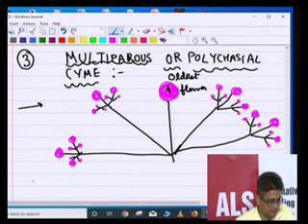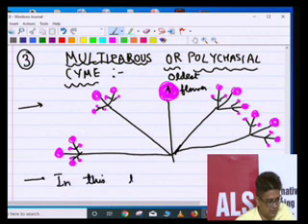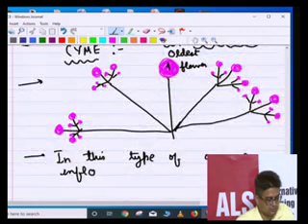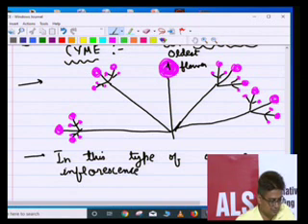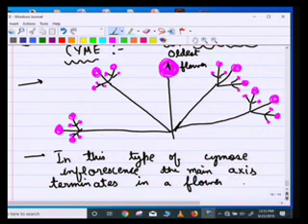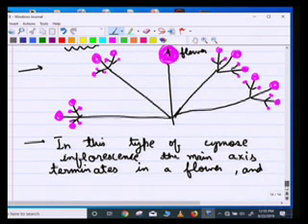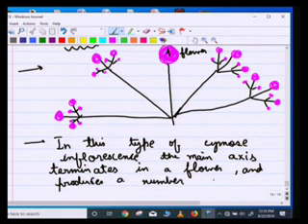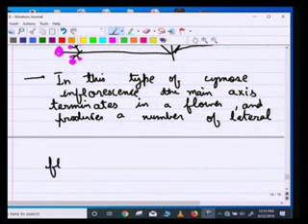In this type of cymose inflorescence, the main axis terminates in a flower, and produces a number of lateral flowers around it.